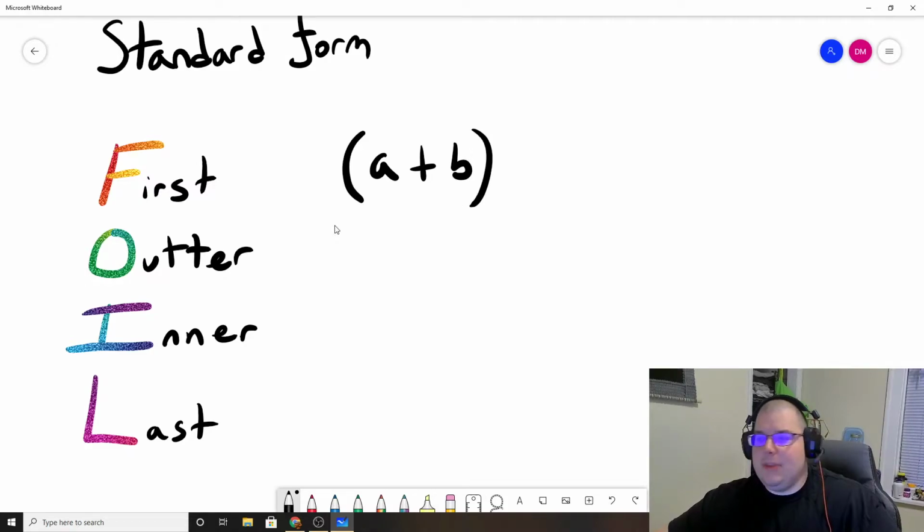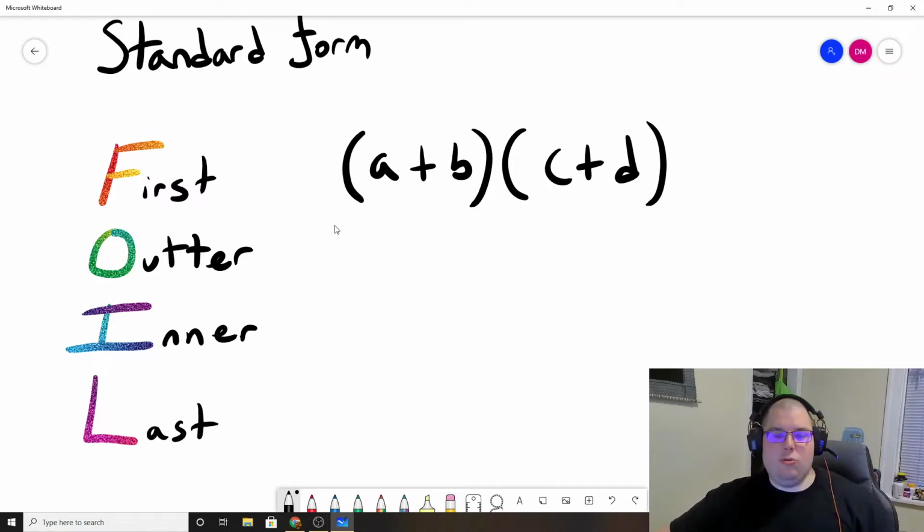So we have something like a plus b times c plus d, and we're trying to multiply those two binomials together. That's the most common sort of factored form where we're trying to go into standard form that you can get.